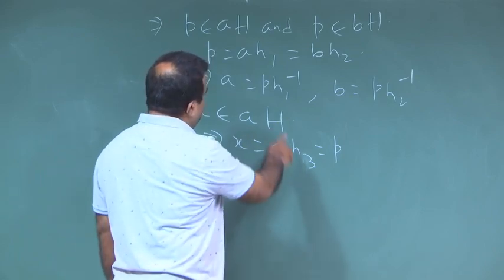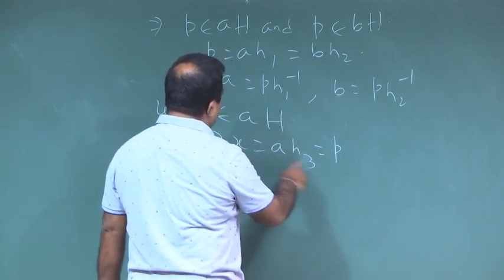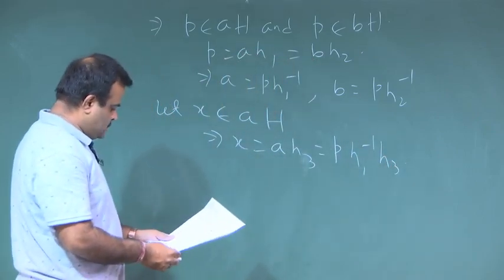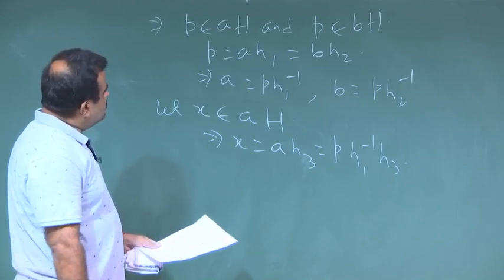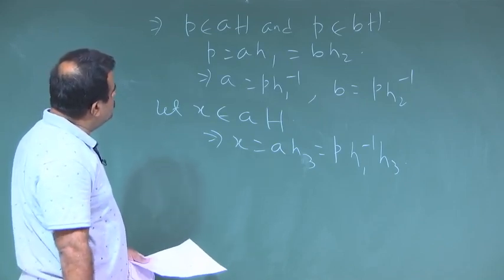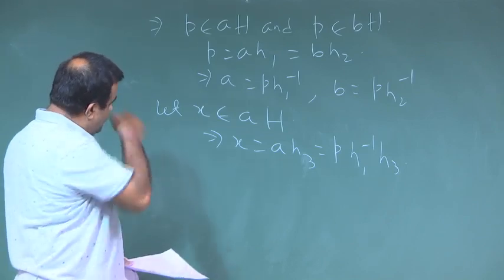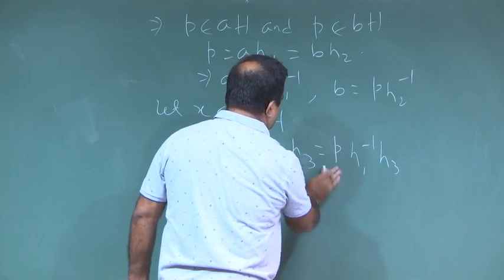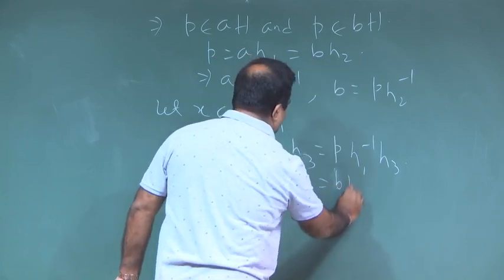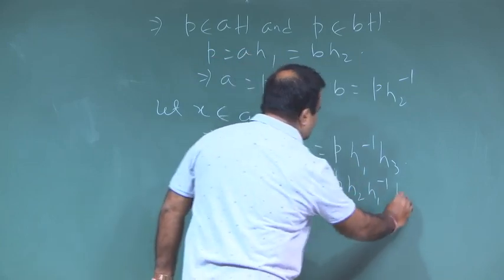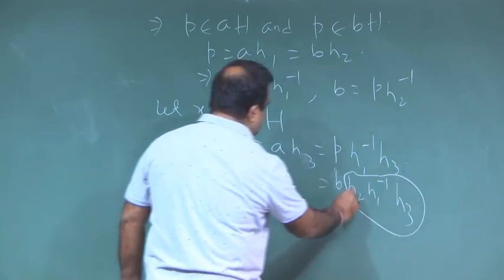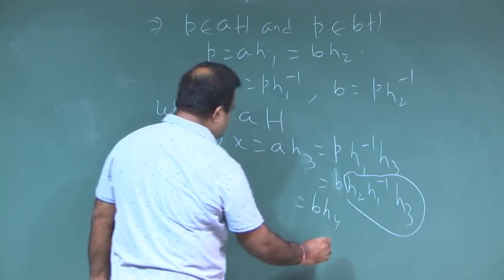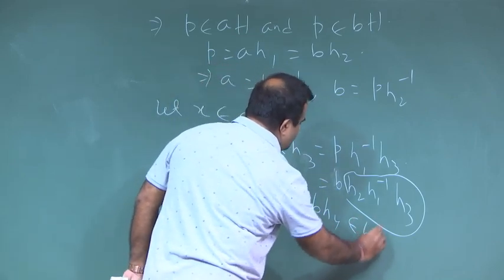So, this is basically P of some H, so A we know A is PH1 inverse, and P is now the same as BH3. So, which is the same as B of H3, H1 inverse, H2. Now, this is nothing but another H4. So, this is BH4.